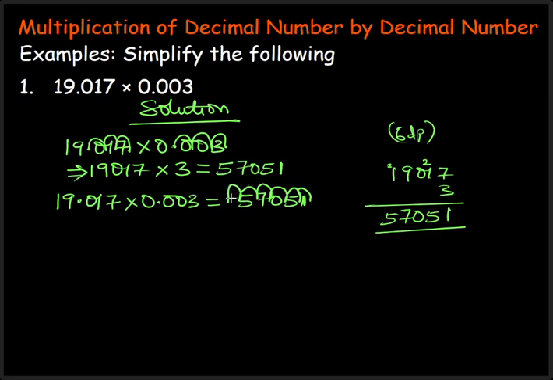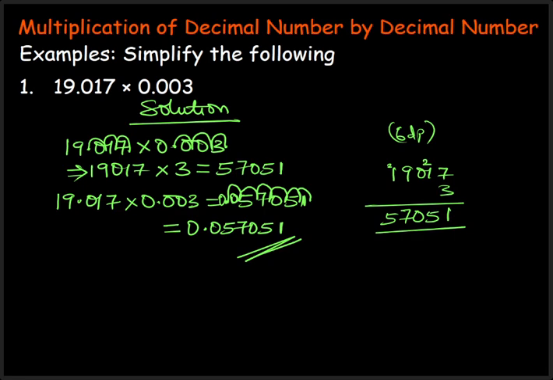So that means we need to introduce 0 here, and then our point is here, meaning we need to have 0 before the point. So the answer here will be 0.05705. Okay, so that is what we do.